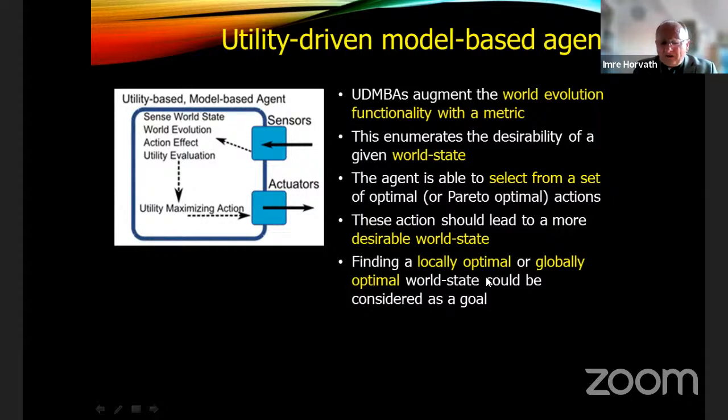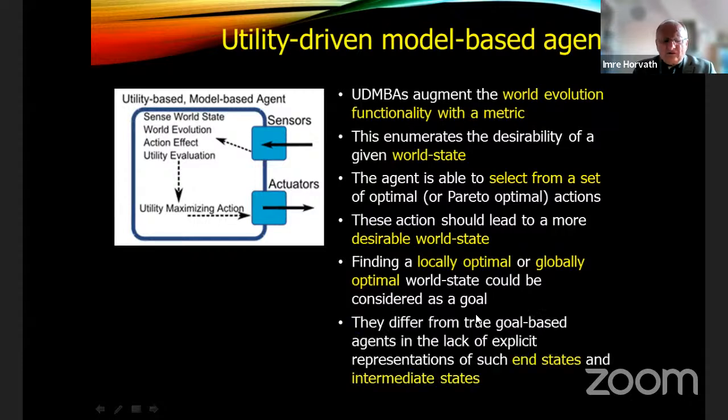Finding the locally optimal or globally optimum world state could be considered as a goal for the agent. The utility-driven model-based agents differ from the true goal-based agent in that they lack an explicit representation of such end states and the intermediate states, which are goal states with regard to the environment.